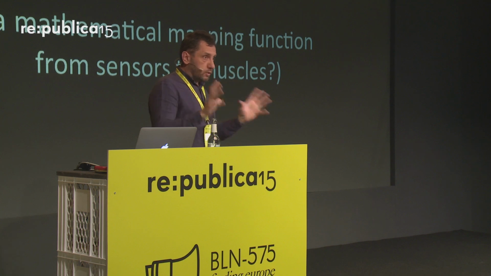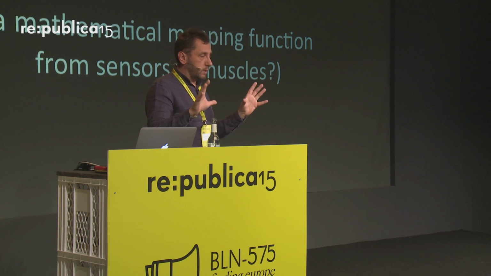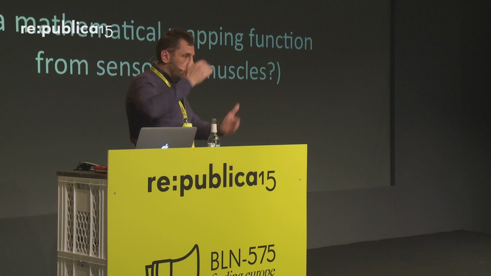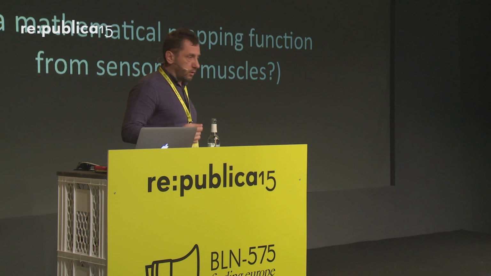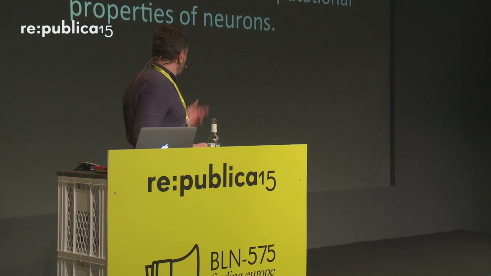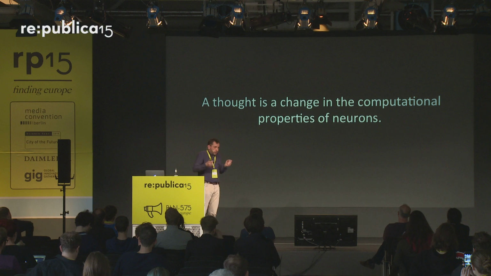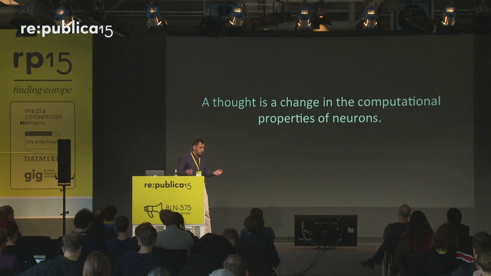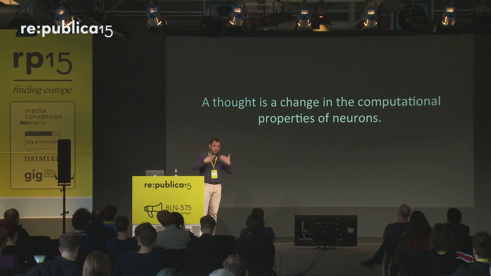That would be the traditional way where you have just one process of thinking. But if you have 2 levels of organization, which we think, then a thought is something else. Then a thought becomes a change in the computational properties of neurons. It's not anymore just a computation. It's a change in properties that occurs through the interaction with the environment.